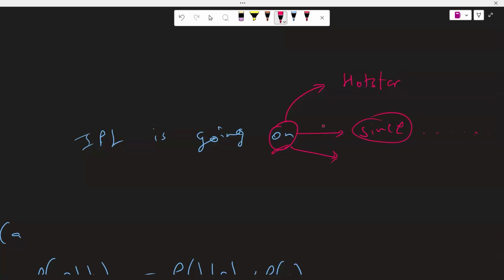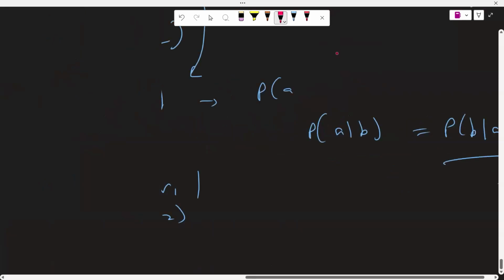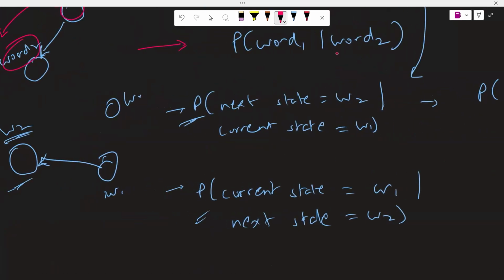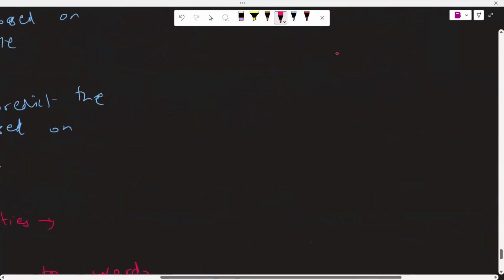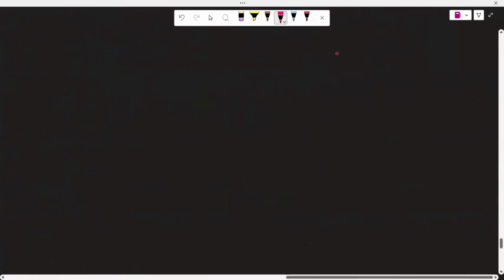Over here, you are finding out which word should come next, right? One thing that we'll focus on is finding out the probability of the transition, going from on to Hotstar. Now, whether you define the probability by this logic or this logic, whatever you define, maintain that for the rest of the words as well.